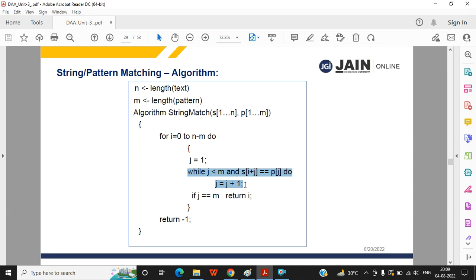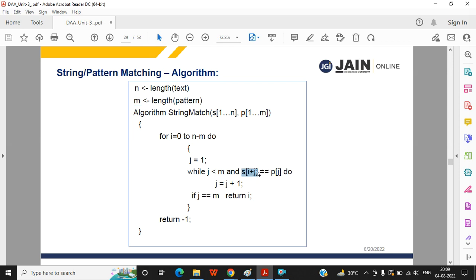Now m number of times means the total pattern string length has been traversed. All the characters of the pattern string have been traversed. And with this condition, we have another condition here, combined with the AND operator. This condition is telling that every character of this pattern string, while traversing, is matched with every relative character of the source string.